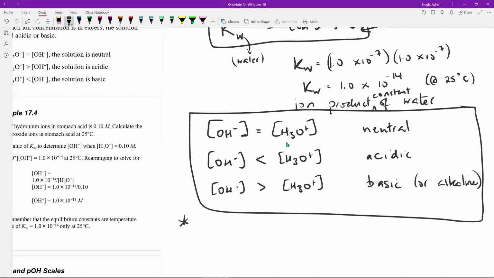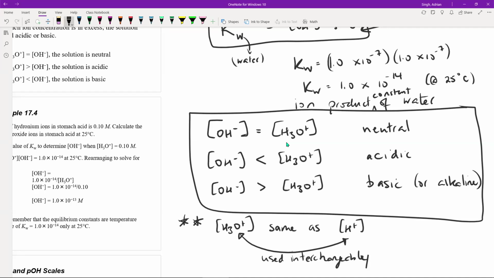Now, remember, this is very important. The H3O plus, the hydronium, is the same as the proton, H plus. They're used interchangeably. They refer to the same species. One is just more efficient to write because there are fewer things to write, H plus, as opposed to the H3O plus.